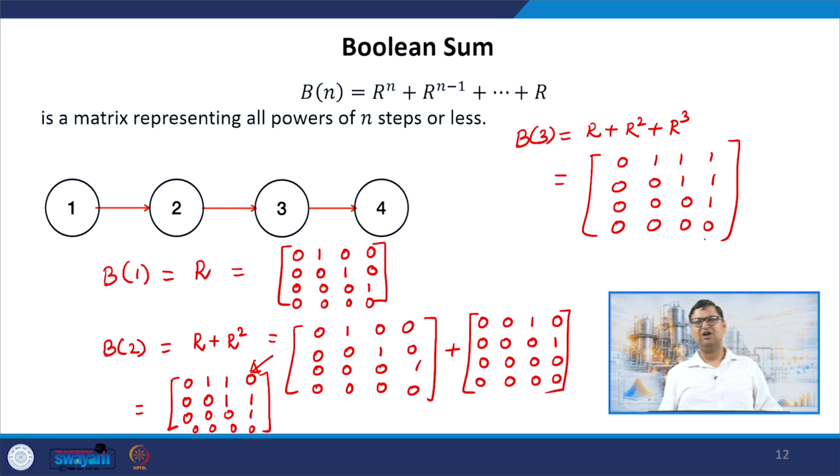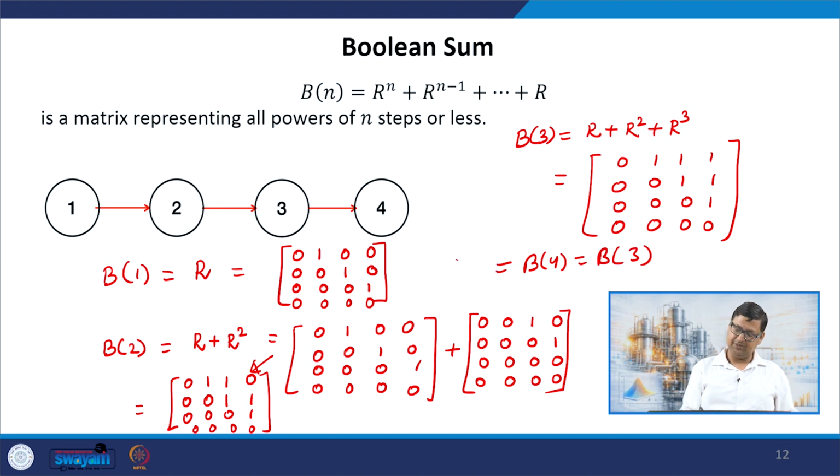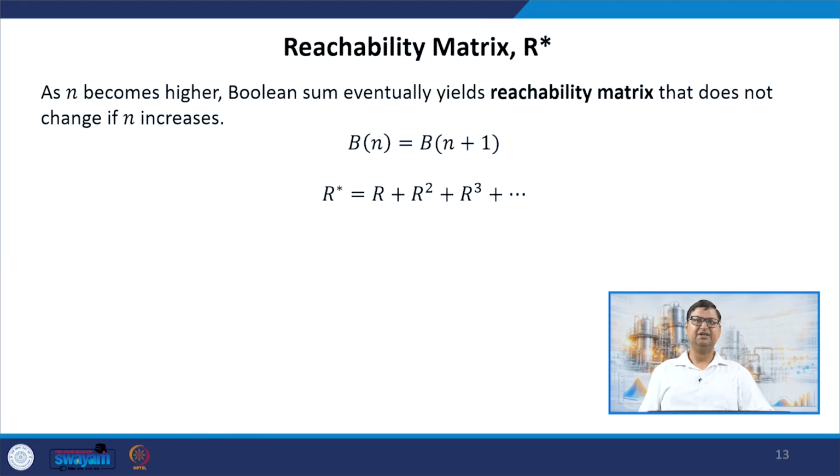And now if I add R to the power 4 to it, it is pretty much still the same Boolean matrix, right? So if I do B4, B5, B6, B4 is going to be the same as B3, and the same is true for B5 and so on. So eventually this matrix basically converges, right?